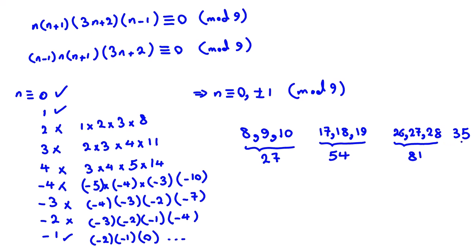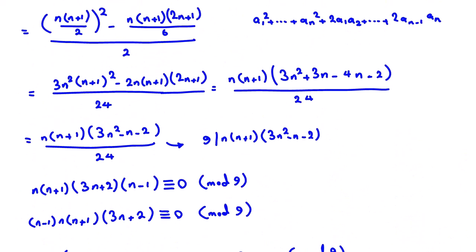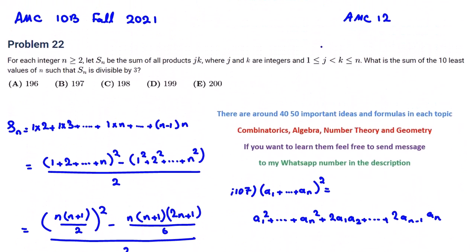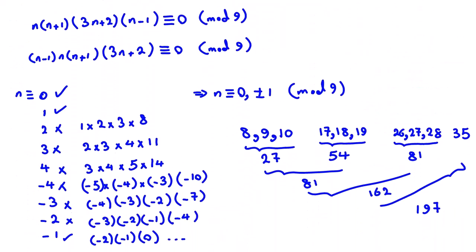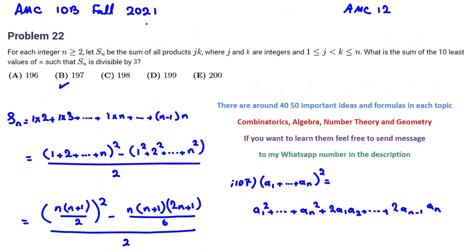Okay, this one 35. So 27 plus 54 is what? 81. 81 plus 81 is what? 162. 162 plus 35 is what? 5 plus 2, 7. 6 plus 3, 9. 197. Okay. And the sum of the digits, 7 plus 9, 16 plus 1, 17. Let's see. It says only the sum of them, not the sum of the digits. So 197. So the answer is choice B.